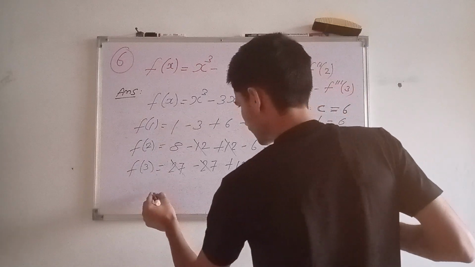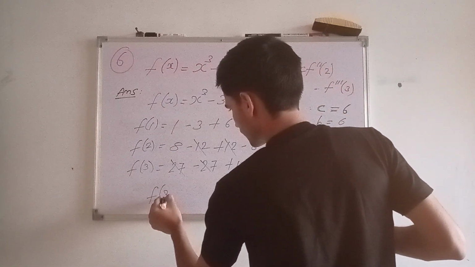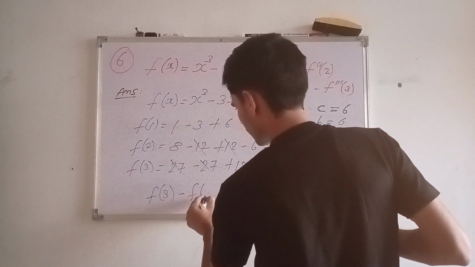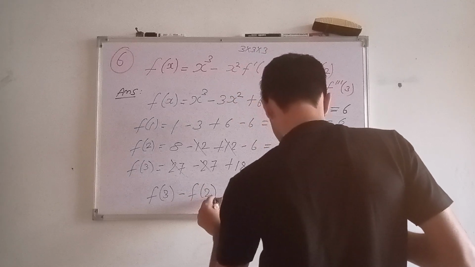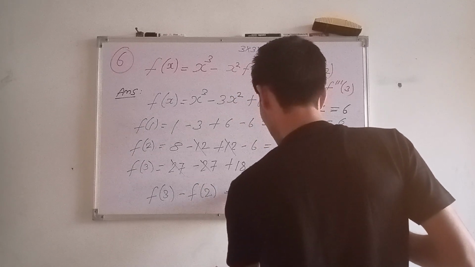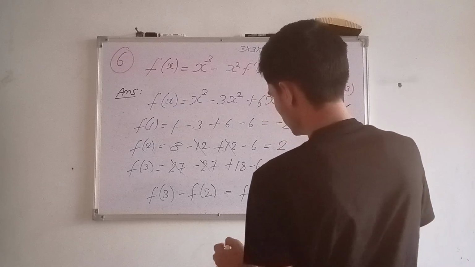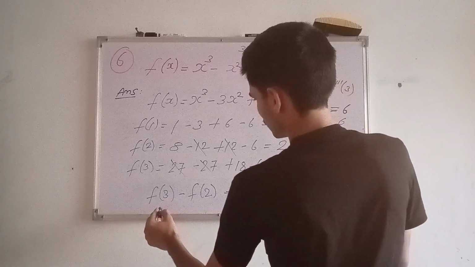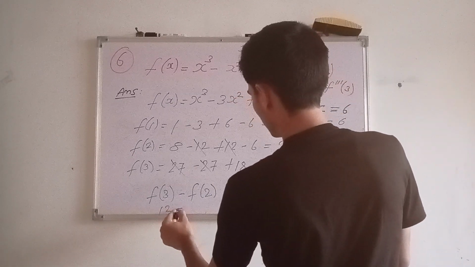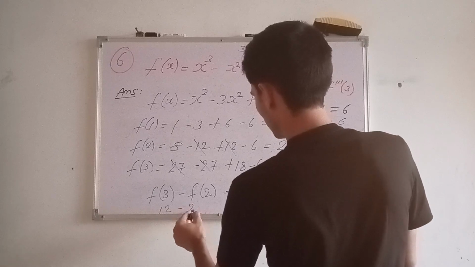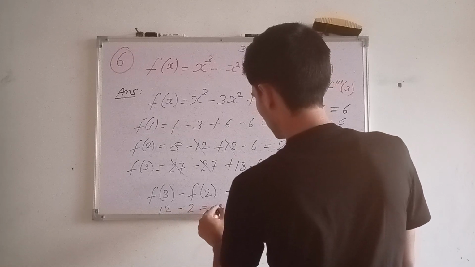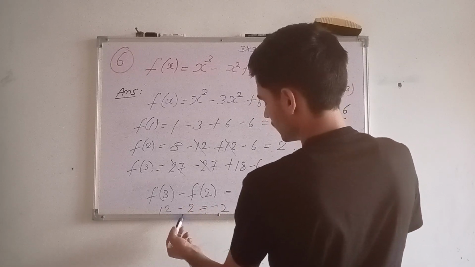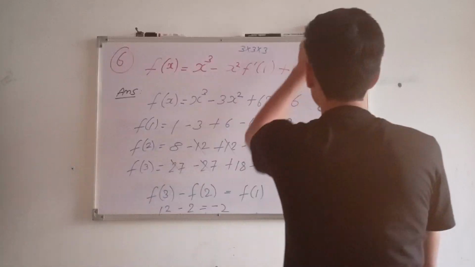Second option is f3 minus f2 is equal to f1. What is f3? So 12 minus f2 is 2 is equal to f1 minus 2. Here we will get 10. 10 cannot be equal to minus 2.